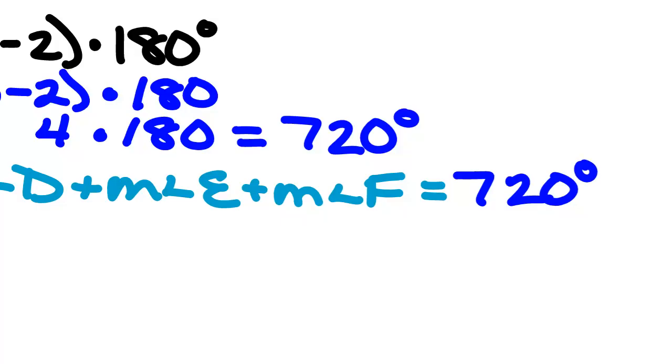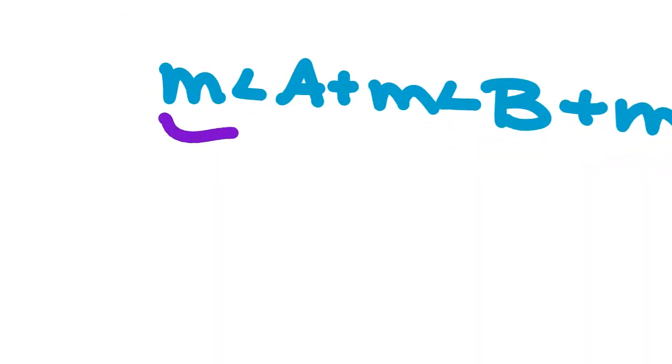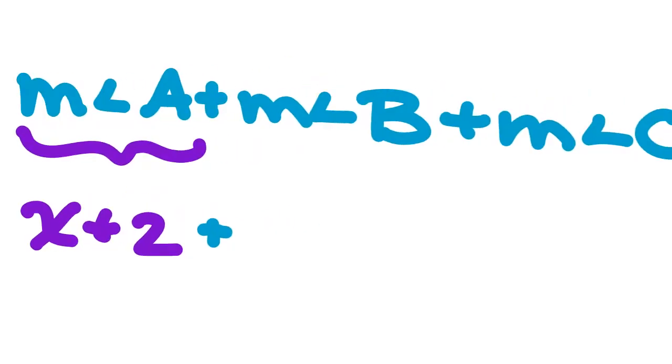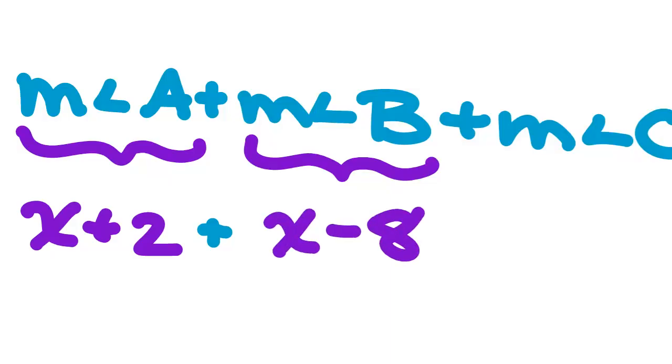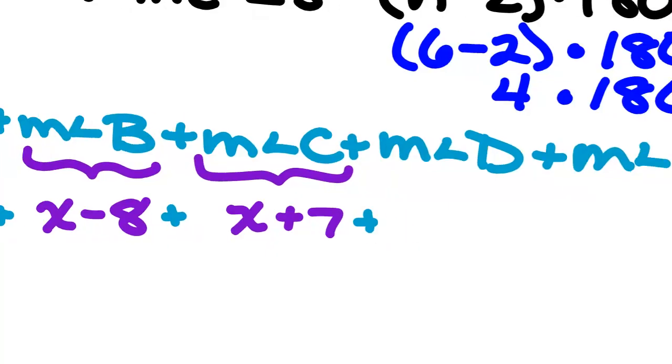And then we're going to substitute in what we have. We have x plus 2 that goes in the place of A. What goes in the place of B? X minus 8. In the place of C? X plus 7. In the place of D?